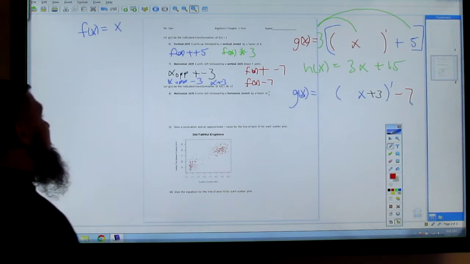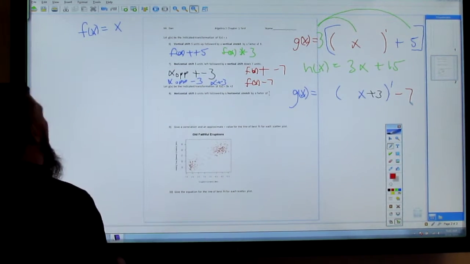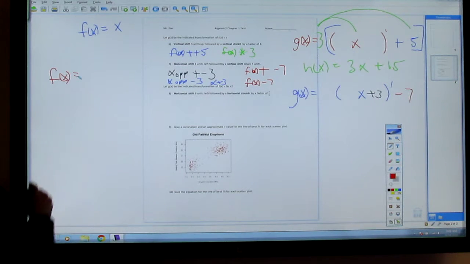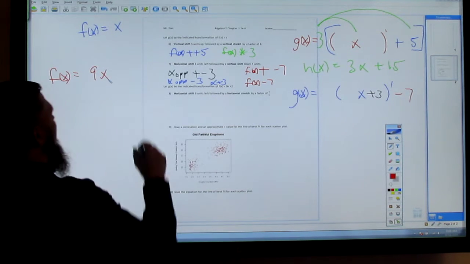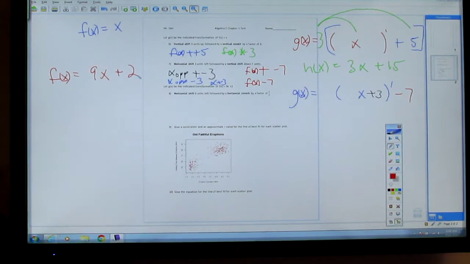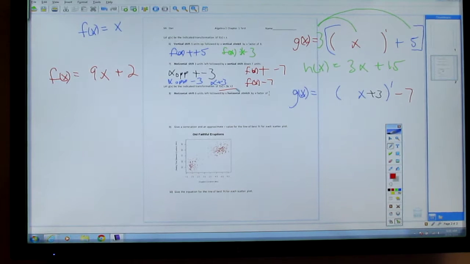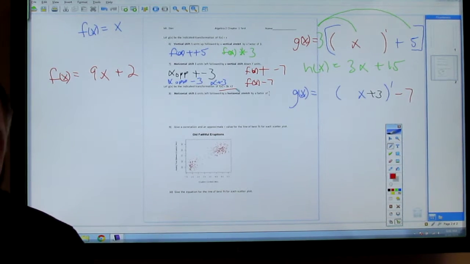Right? So, next. F of x is totally different. I want to write that over here. F of x this time is equal to 9x plus 2. Okay? That's your f of x now. Right here. That's your new f of x. And now you're going to manipulate this. Now you're going to do a horizontal shift. What's horizontal mean?